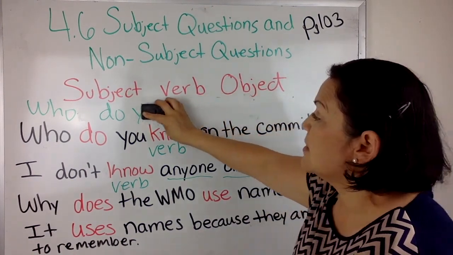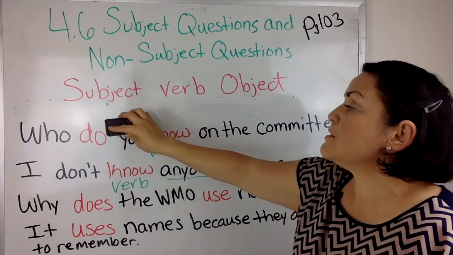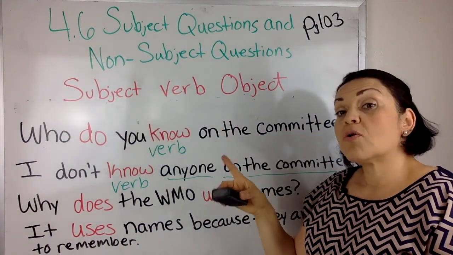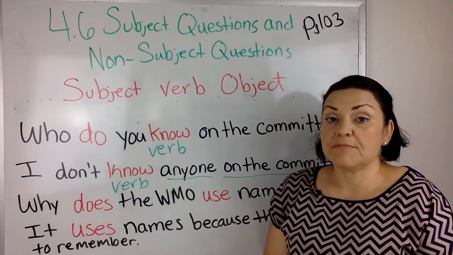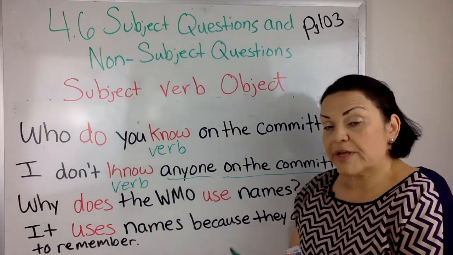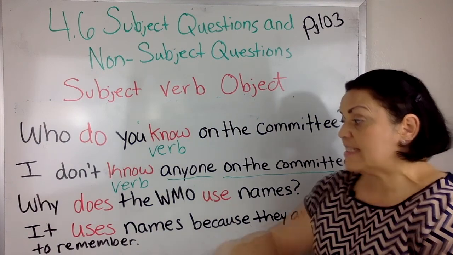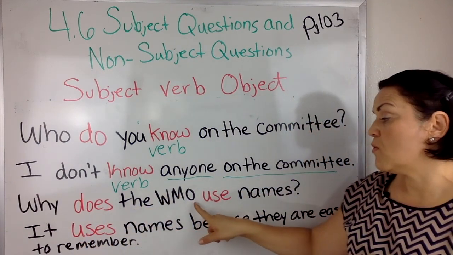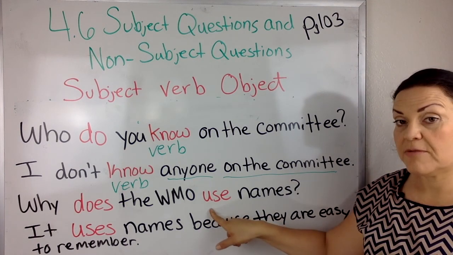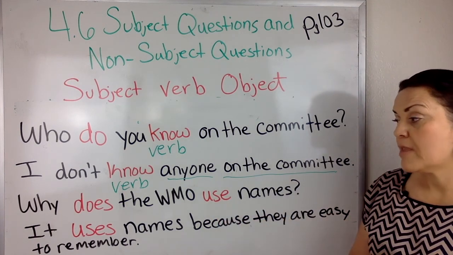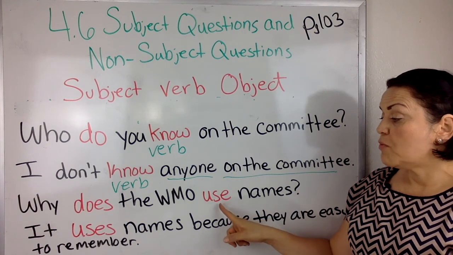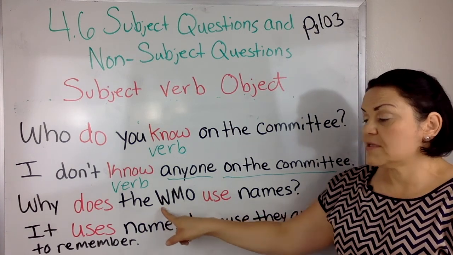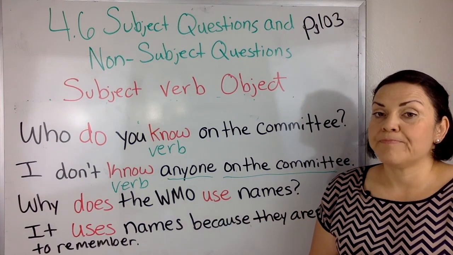So remember, when it comes to the question, are they asking about the subject or are they asking about the object? So here's the bottom one. They're using does. Why does the WMO use, here's the verb, names? So do they want to know about the names or do they want to know about WMO?